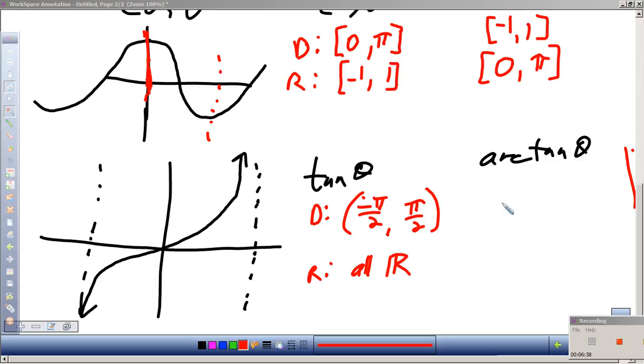Okay, all real. So just swapping it up here. And your range?